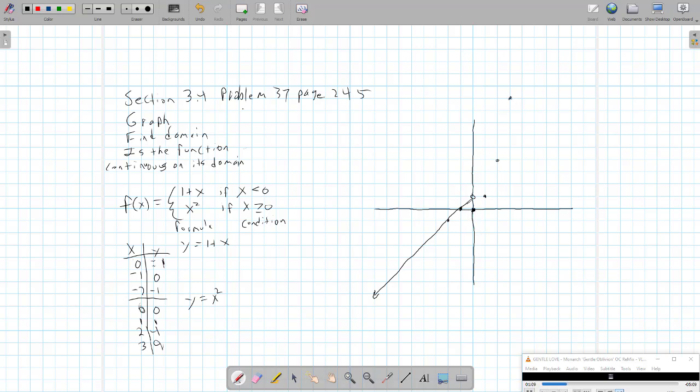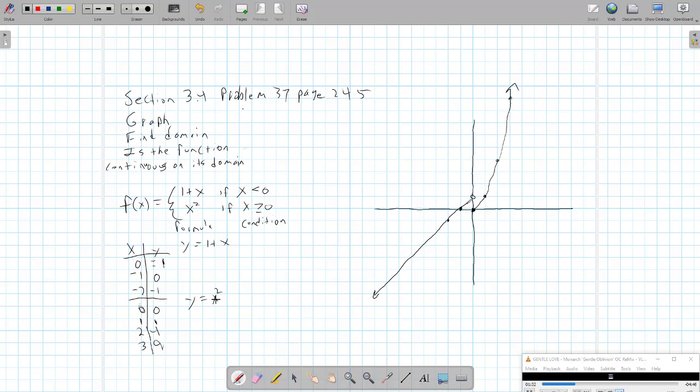So let's see. There we go. This is the graph of the function. Notice it looks very different on different pieces of its domain. This part is a quadratic or a parabola.